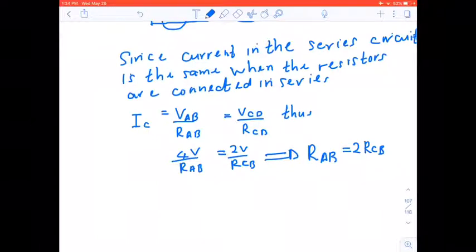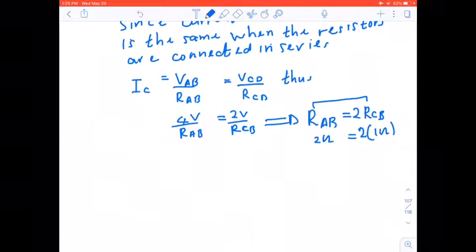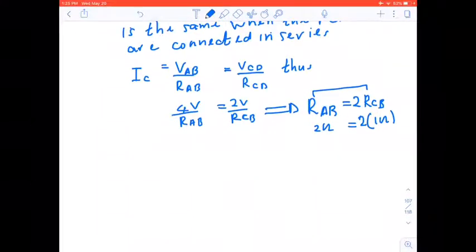Right, so what it's saying, the relationship between RAB and RCB is RAB is equal to 2 RCB, which essentially would mean if I take RCB to be 1 ohm, then RAB has to be 2 ohms. If I take RCB to be 2 ohms, then RAB has to be 4 ohms. So RAB has to be double RCB.